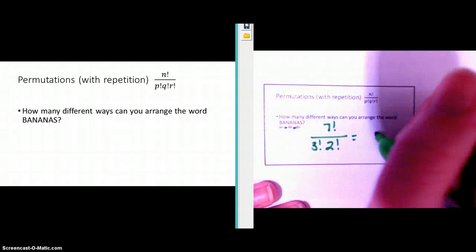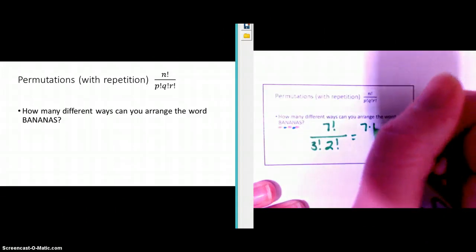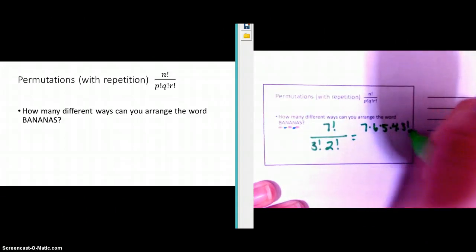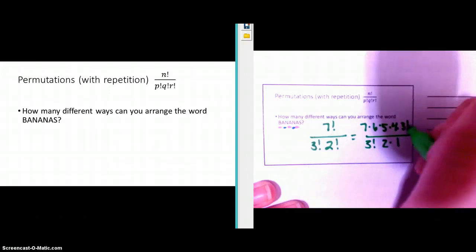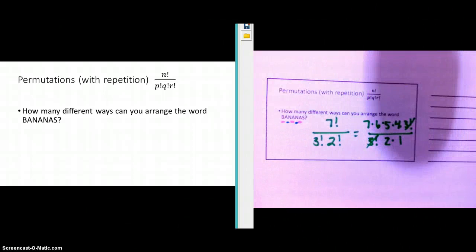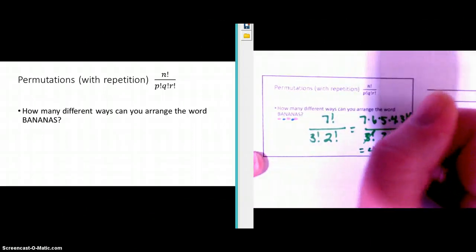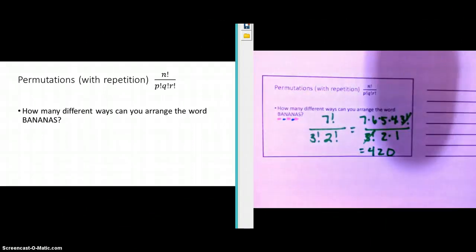When you simplify that, you have 7 times 6 times 5 times 4 times 3 factorial over 3 factorial times 2 times 1. So your 3 factorials cancel, and you have 7 times 6 times 5 times 4 divided by 2 times 1, which gives you 420. That's how many different ways you can rearrange the word bananas.